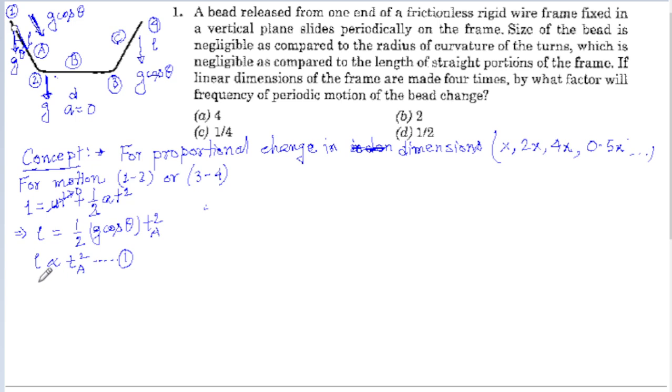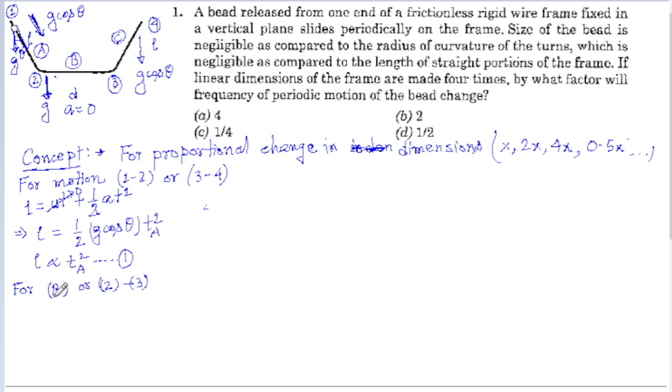And again for the straight segment, that is for the motion in B, during 2 to 3, the motion is uniform. Let the time taken here be TB.